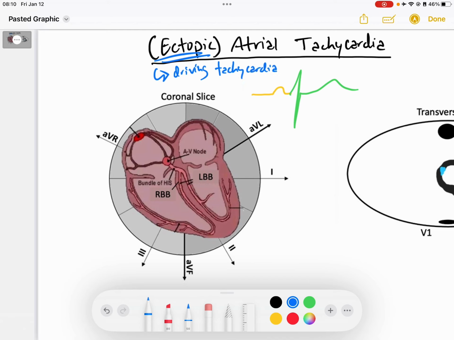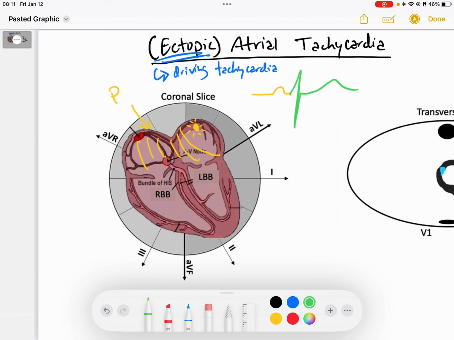So there's a focus, and we will say that this focus is located, in this case, right here in the left atria. And this focus decides to get a little bit angry and fire. And when that fires, we get a wave of depolarization through our atria, which causes our P wave.